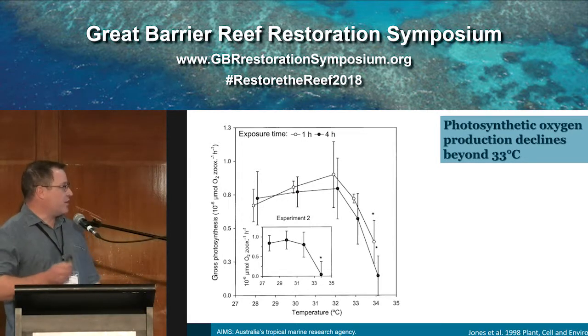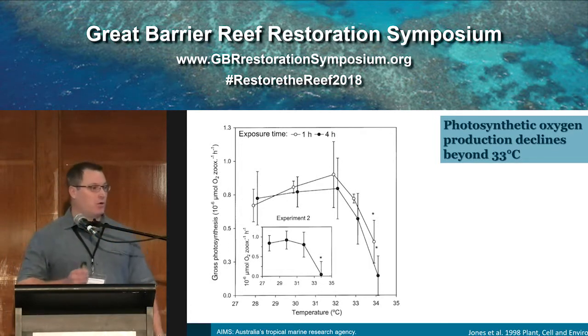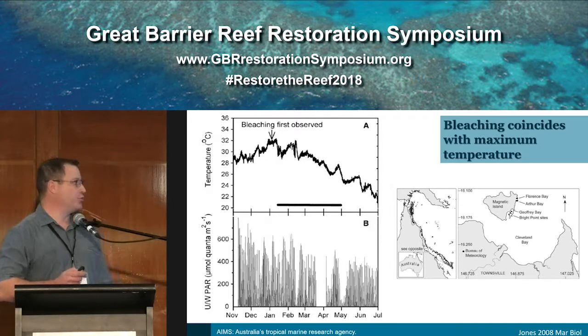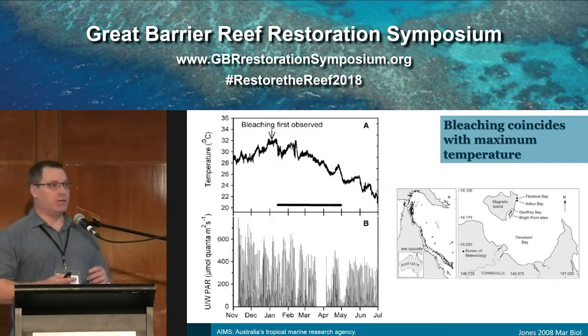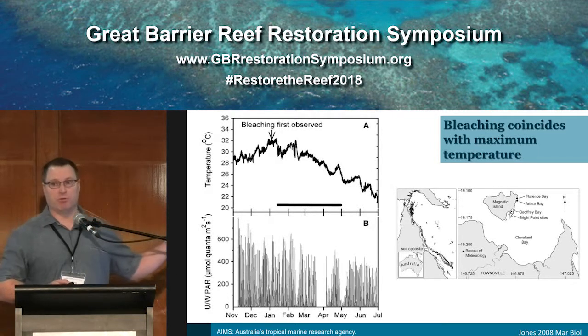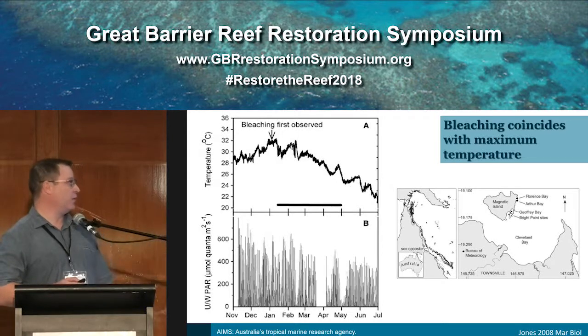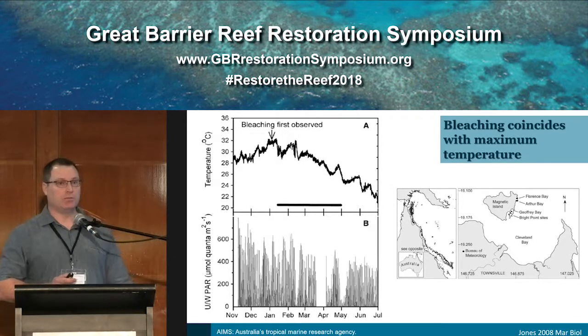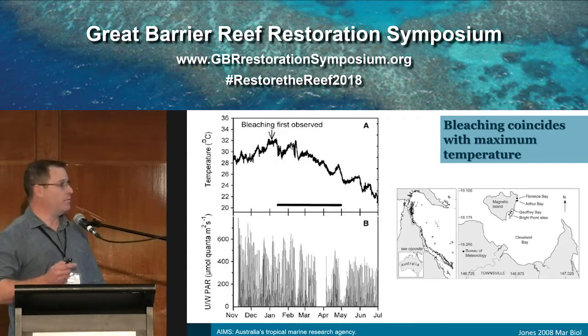He followed this up by tracking corals at Magnetic Island weekly in 2002 during the bleaching event. He instrumented the reef with PAR light sensors, and you can see that the light intensity actually peaks in November and December, in the bottom panel there in B. But we don't start to see bleaching until after the peak in temperature.